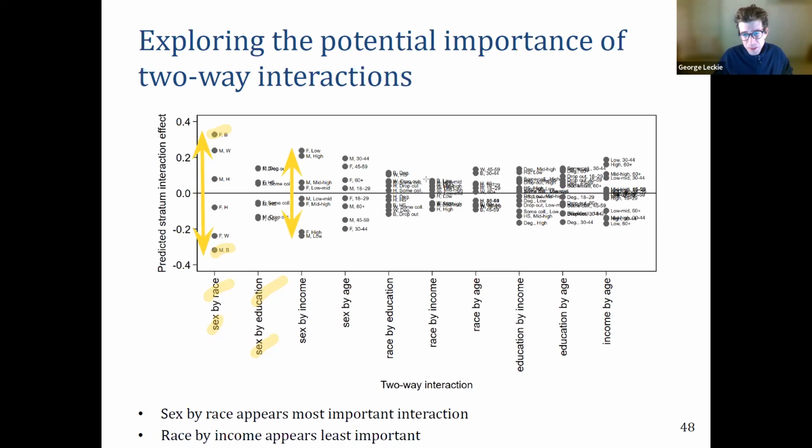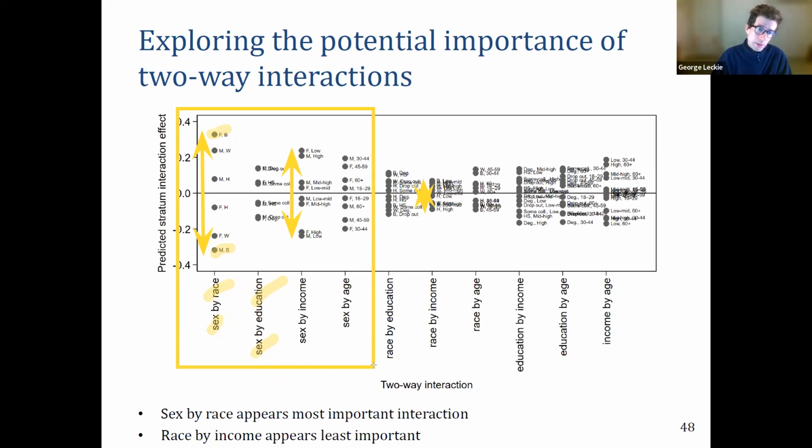The least important looks to be something more like race by income. And so you can look at these different pairings and get a sense of where the action is. Sex by race, sex in general, because sex in general is going to be this block of 4. Okay, that all appears quite important.